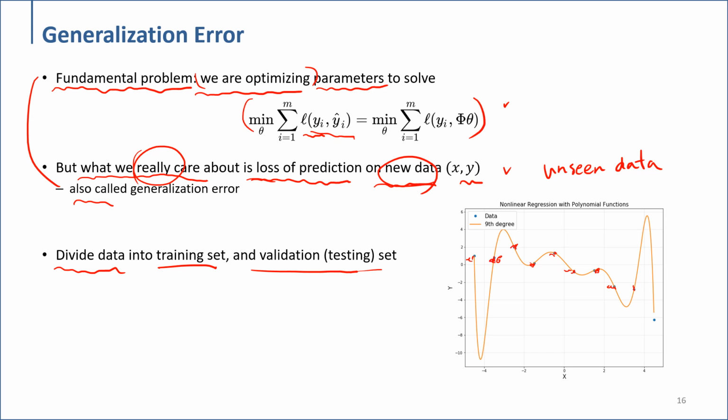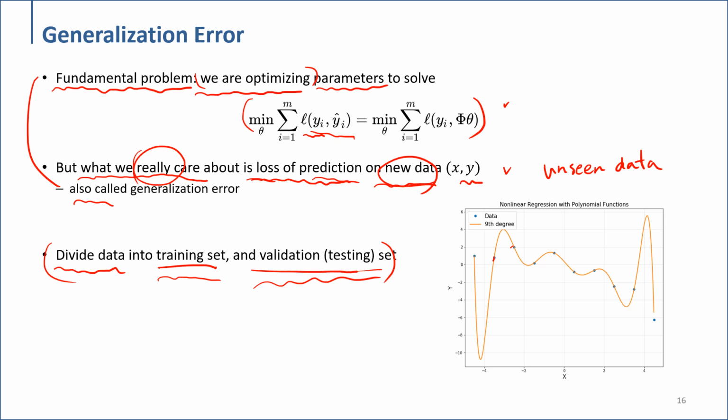But for these unseen data points, it will cause a very high prediction error. So to avoid this, the solution is dividing data into two parts: a training set and a test data set.